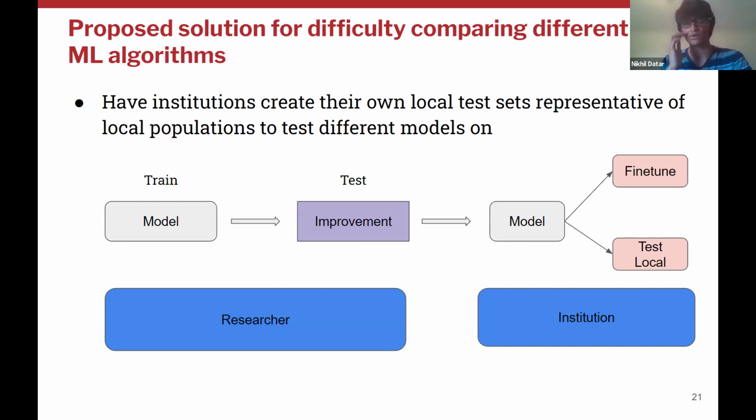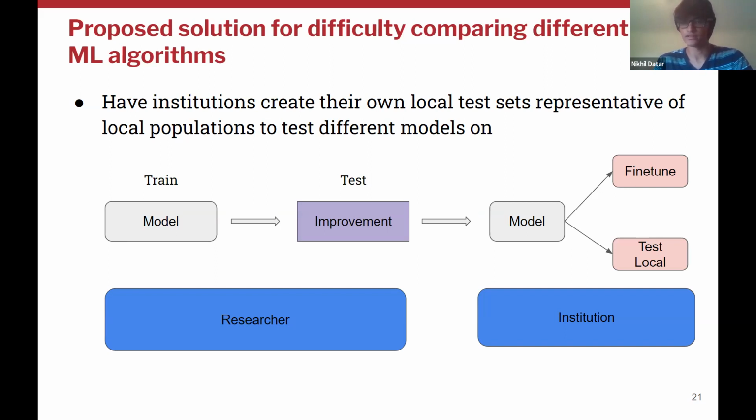Then they may send that model to a clinical institution, and then that institution can either test it immediately on their own local data, or first they can create an independent training set to fine tune that model on a population that's more representative of the patients that actually attend that institution and get care from that institution.